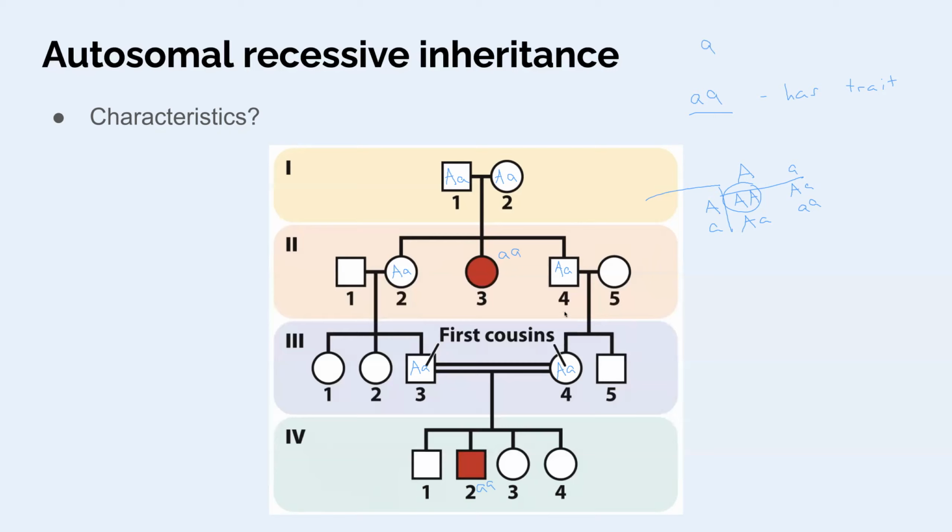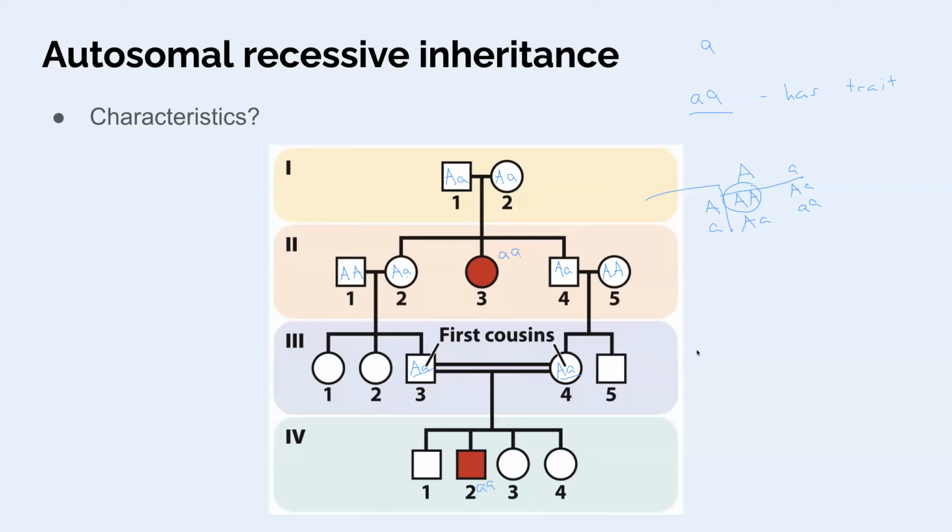So we could do Punnett squares, but basically throughout these, we could even assume that these people coming in from outside the family don't have that recessive allele, but it's possible for them to keep passing on this recessive allele down through the generations.